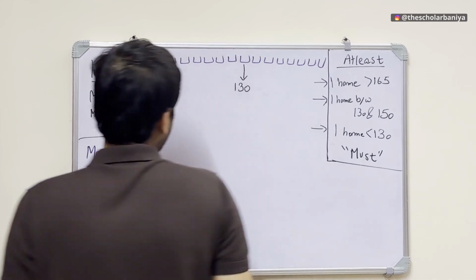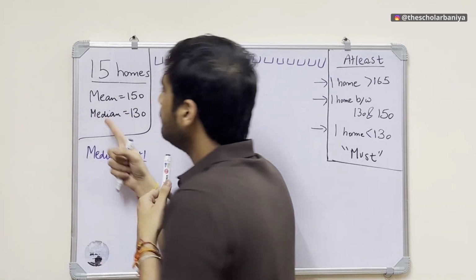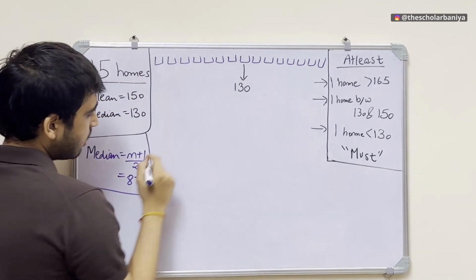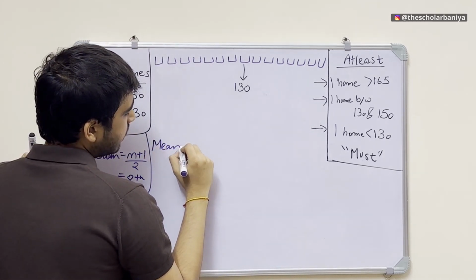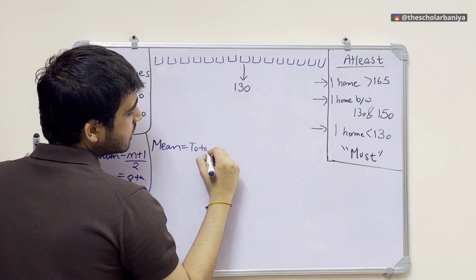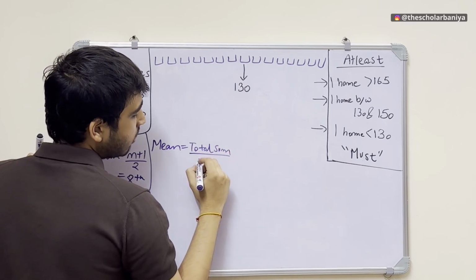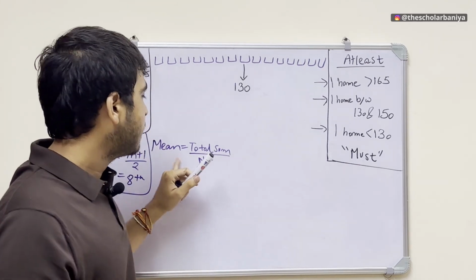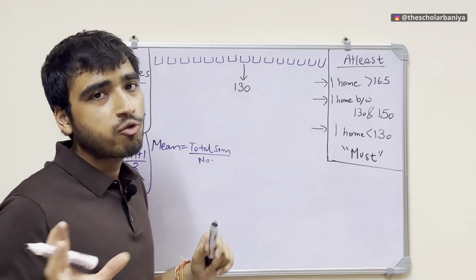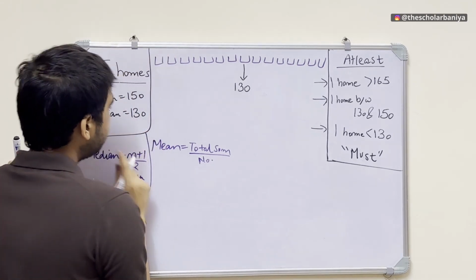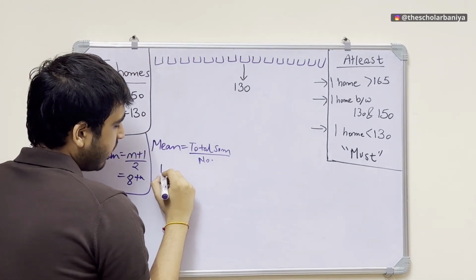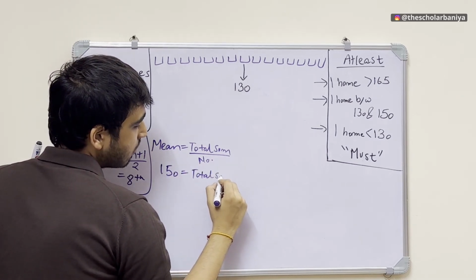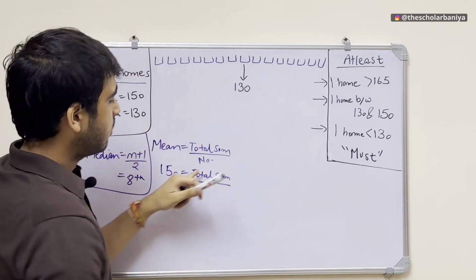Apart from that, the mean is given to be 150, right? What is the mean? The mean is equal to the total sum upon the number of objects. This is the formula for the mean. So 150 is equal to the total sum upon the number.